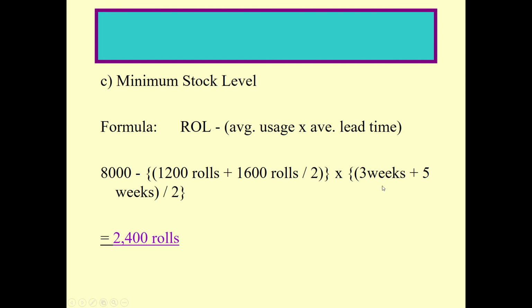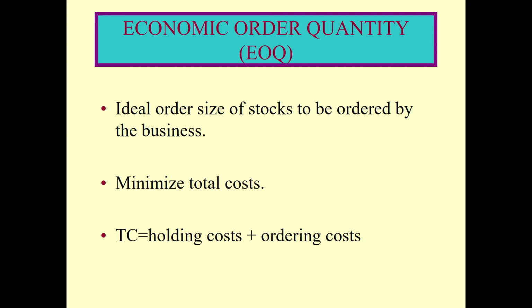And for average lead time, 3 is the minimum lead time, 5 is the maximum lead time. You plus together 3 and 5, and then you divide by 2. So the answer for minimum stock level is equal to 2400 roll.